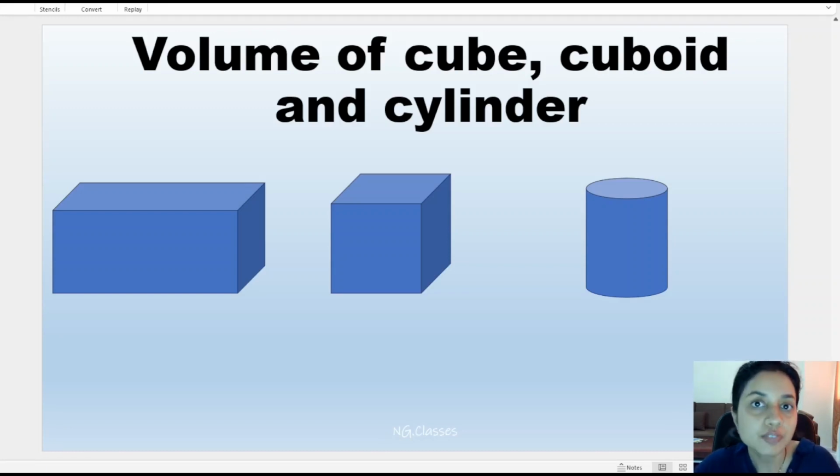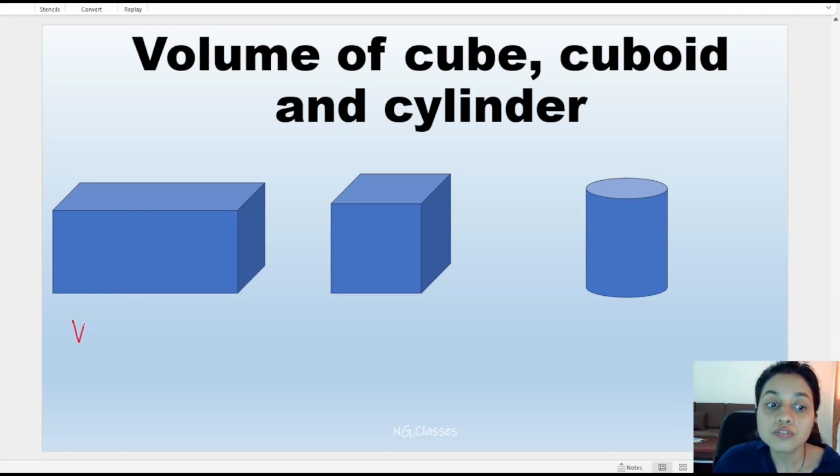So let's start with the cuboid. As we know, volume means the amount of space occupied by a three-dimensional shape. Here we can see the space has been occupied by the base of the cuboid, and due to the height also it has occupied some space.